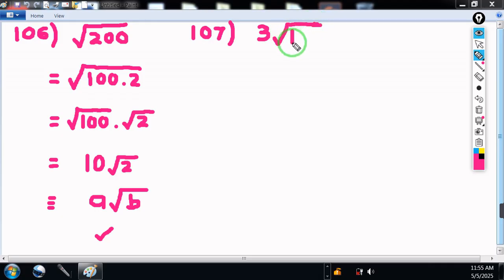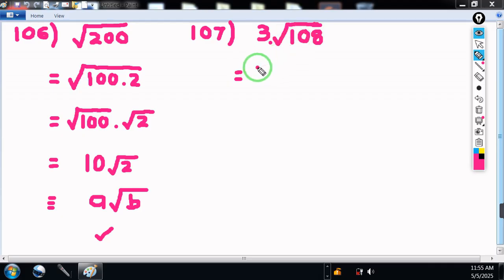Because this is not third root. That's why I say don't write the 3 outside. But here they've written the 3. It's an order, it's a command, so follow. It's not the third root. It's 3 times the square root of 108. That's why I say don't put the root there outside. But here they put, means they want it to be 3 times the square root of 108.